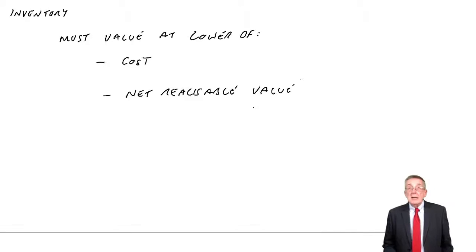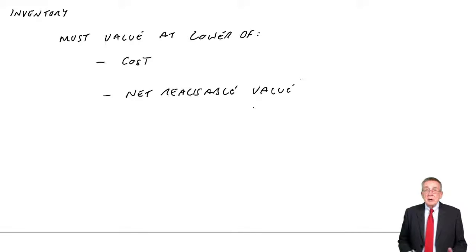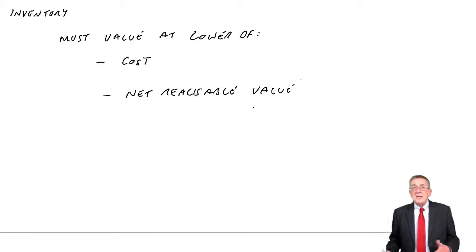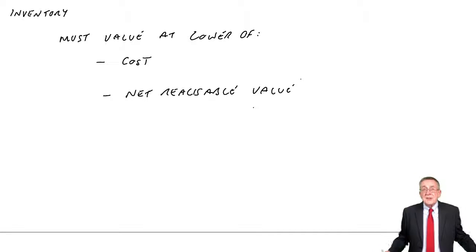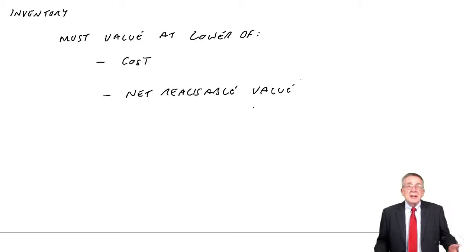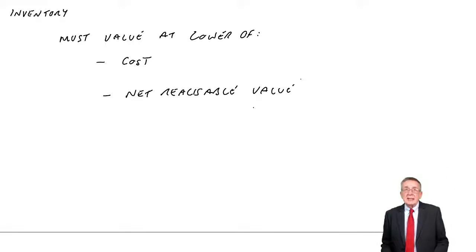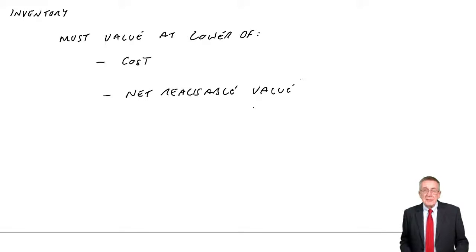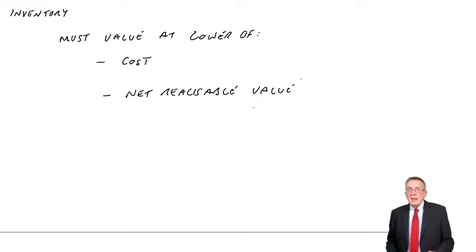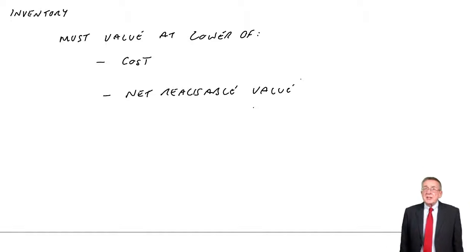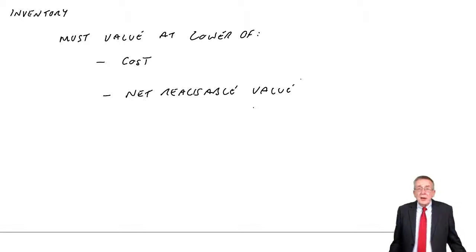Now, I need to say a little bit more about exactly what we mean by cost and net realizable value. If I'm buying and selling desks, then cost basically is what you paid for it, and the realizable value is basically what you expect to sell it for. Normally, of course, you expect to sell things for more than they cost, otherwise you're going to be losing money.